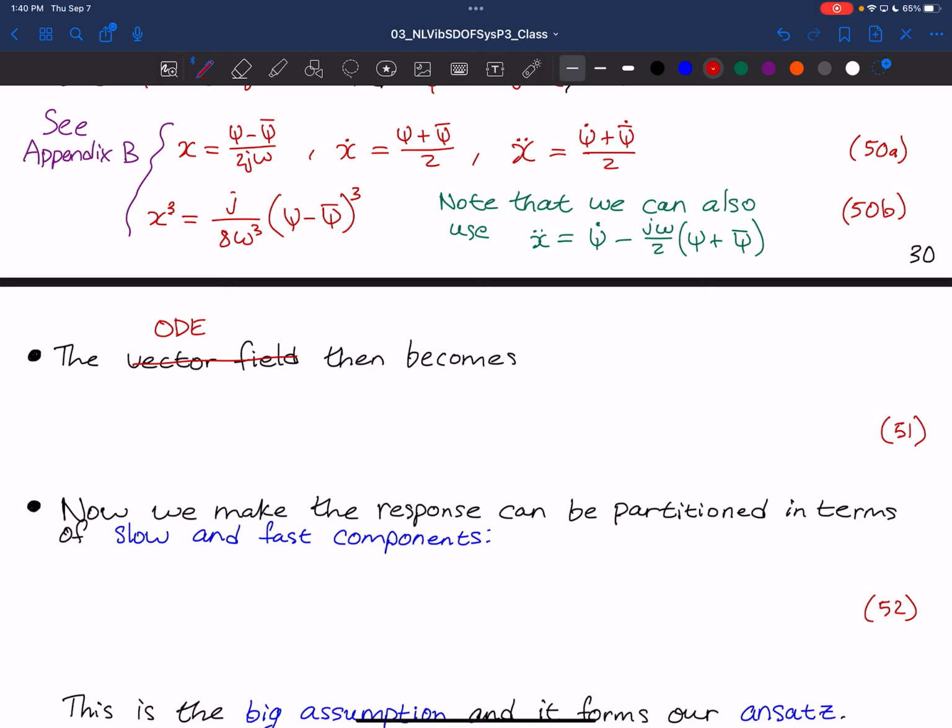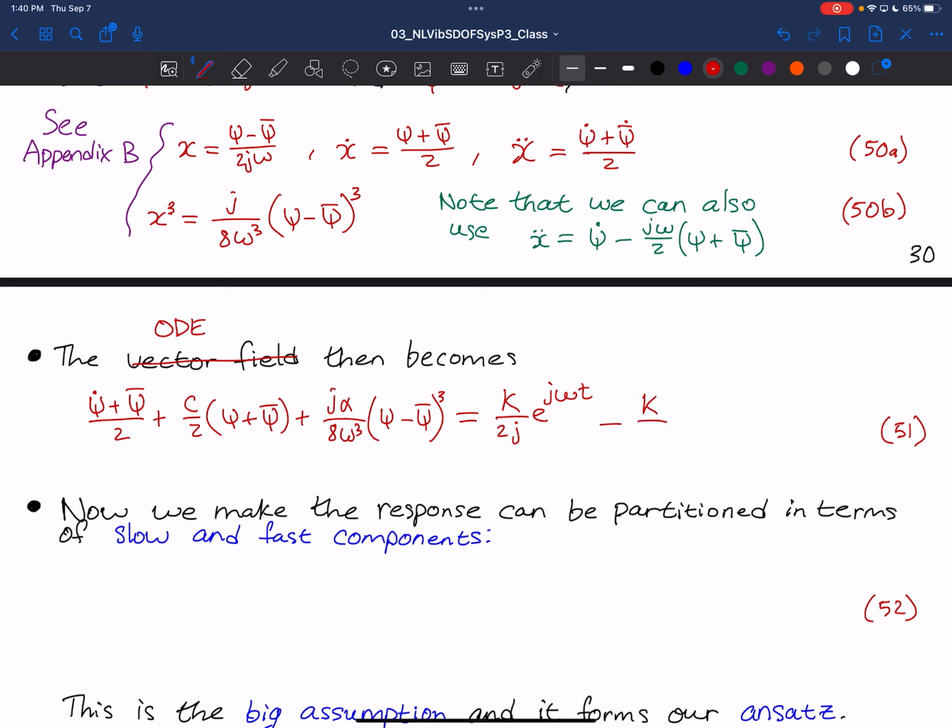This will then become psi dot plus psi over bar over 2, plus c over 2 times psi plus psi bar, plus j alpha over 8 omega cubed times psi minus psi over bar, that quantity cubed, equal to k over 2j times e to the j omega t minus k over 2j times e to the minus j omega t.